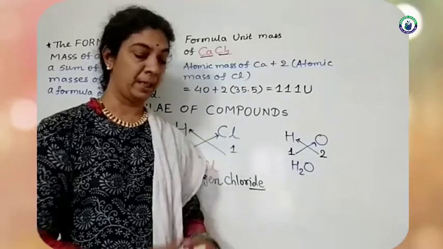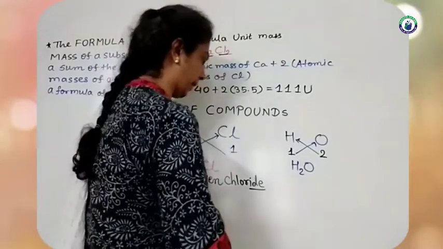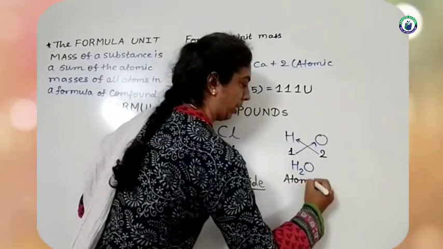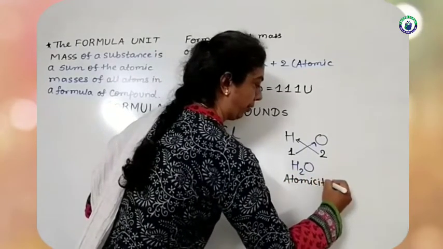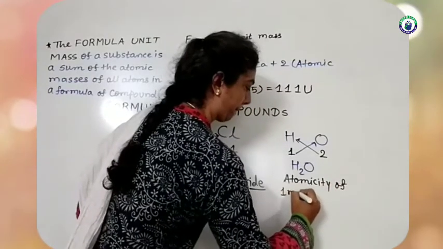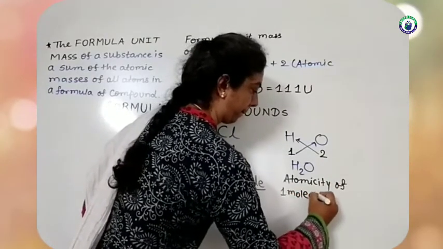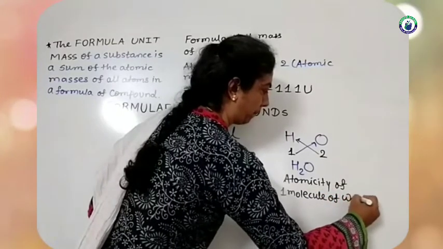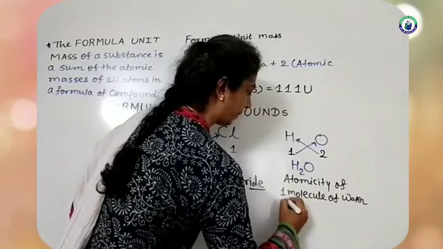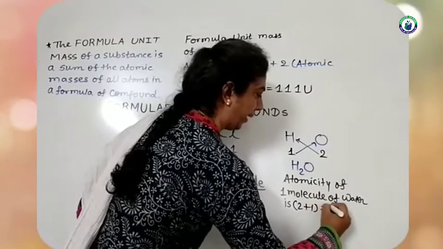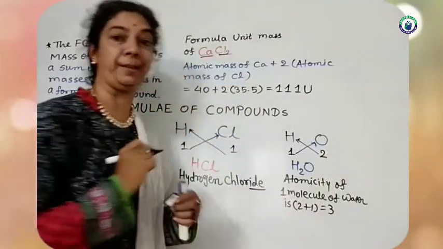That means the atomicity of one molecule of water is 2 plus 1 equals 3.